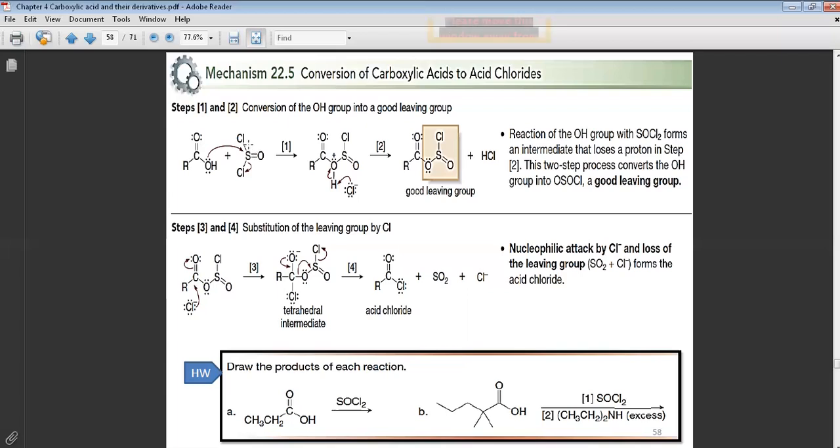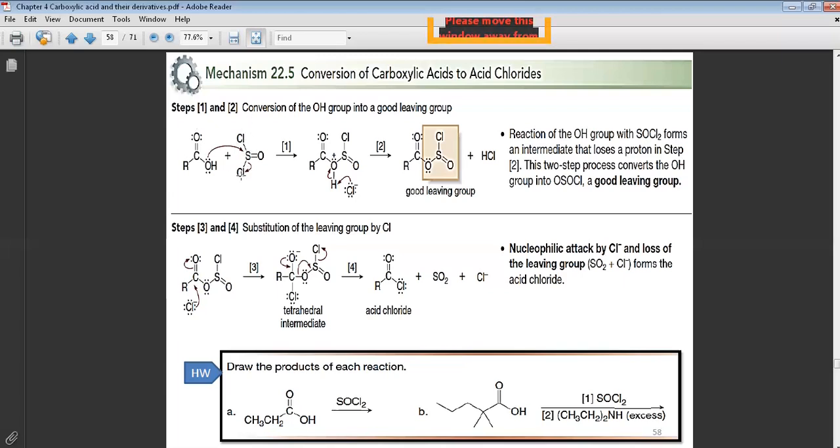Now if you put thionyl chloride with carboxylic acid, there is no acid-base reaction here, because there is no proton donor or proton acceptor; this cannot take the proton.